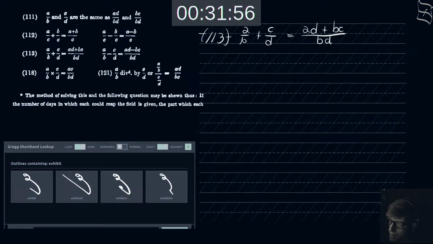Now conversely, I've run myself out of room, I need to demonstrate the difference between those.